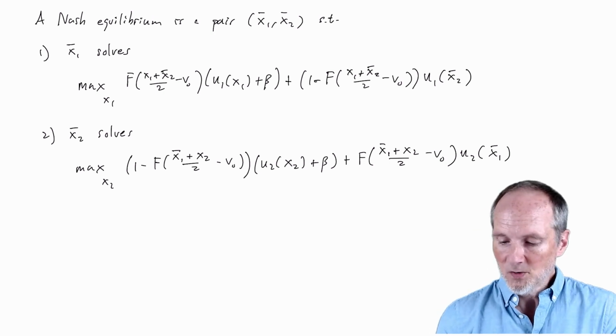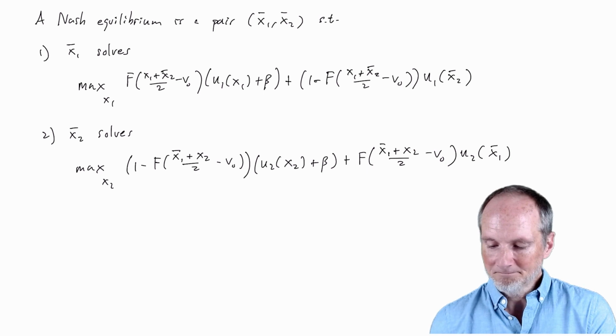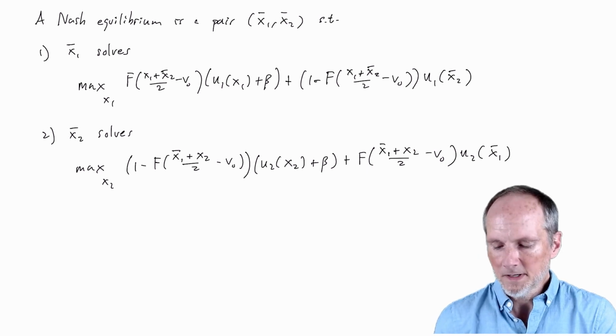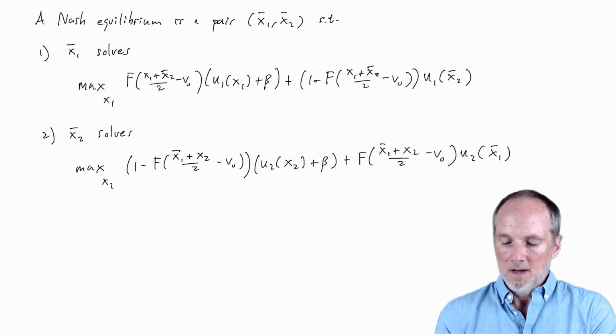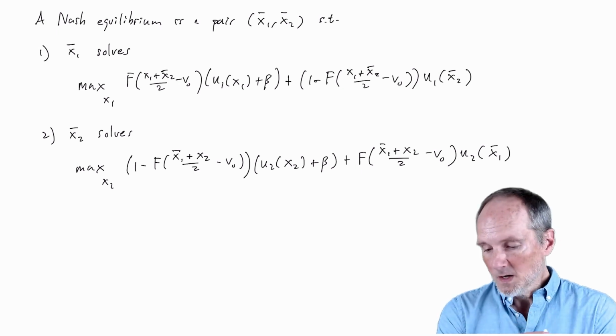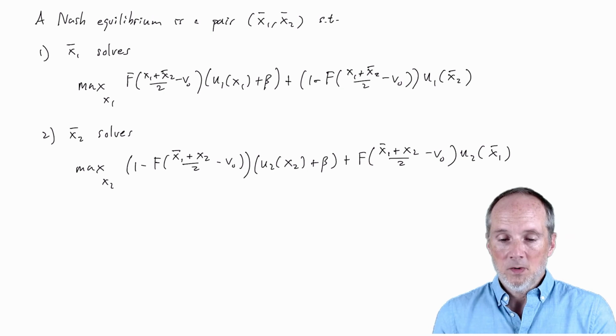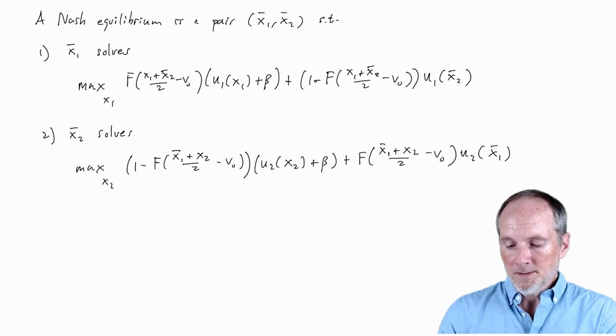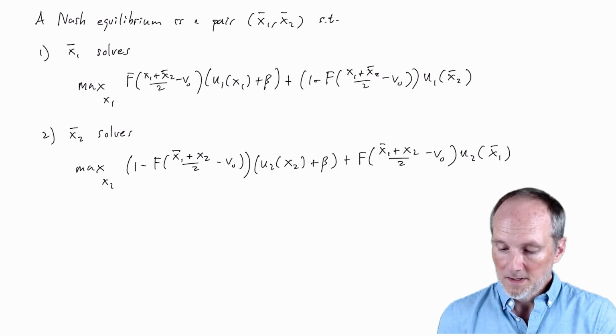It's a little bit more complicated here, just because we have this more complex expression for expected utility, but it's the same idea. So an equilibrium is a pair that solves this kind of interconnected system of maximization problems.